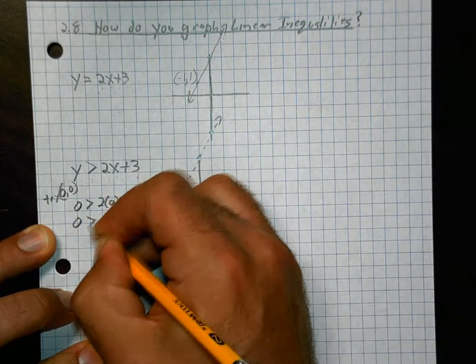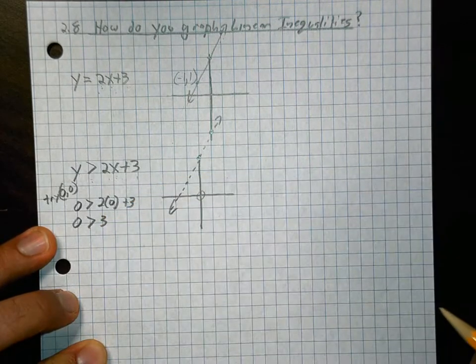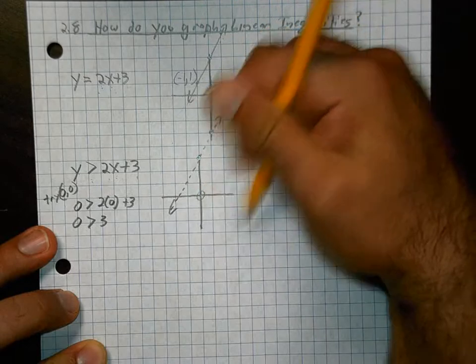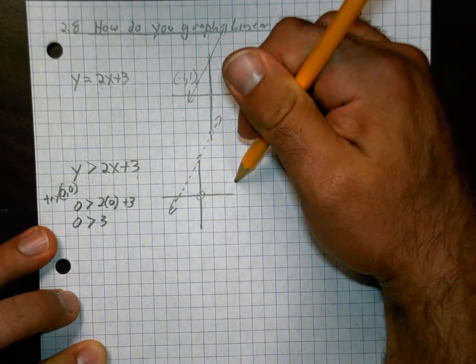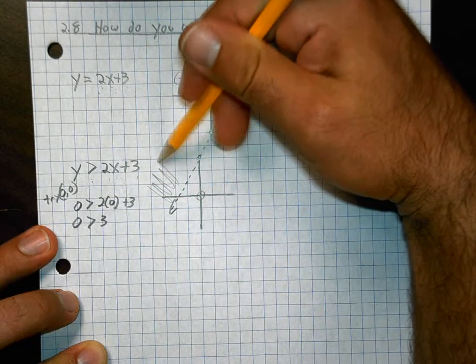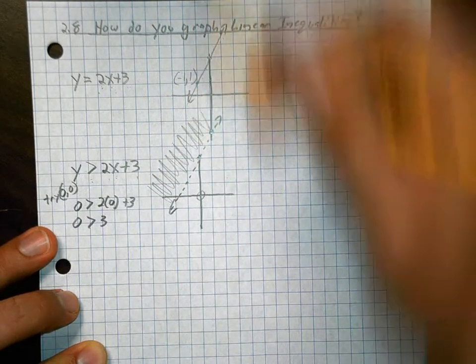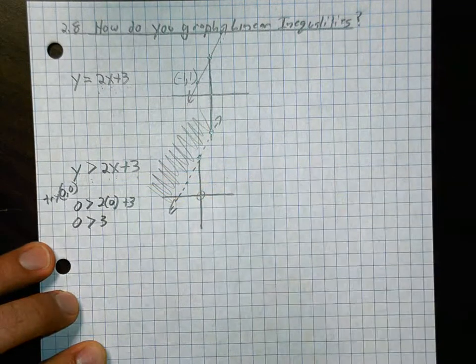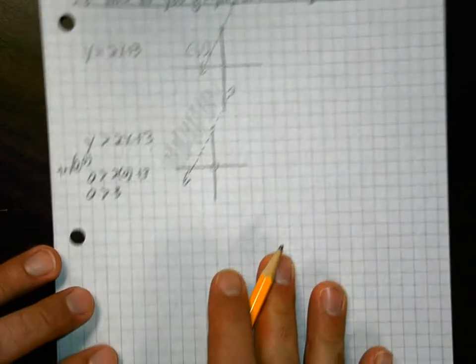I'd get 0 is greater than 3. True? No, not true. So therefore, the coordinates on this side of the line, the right side, are not solutions, and the coordinates on the left side are. So I shade that side. This indicates that all these coordinates satisfy that inequality.